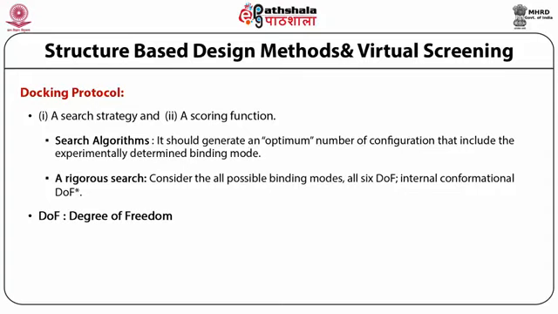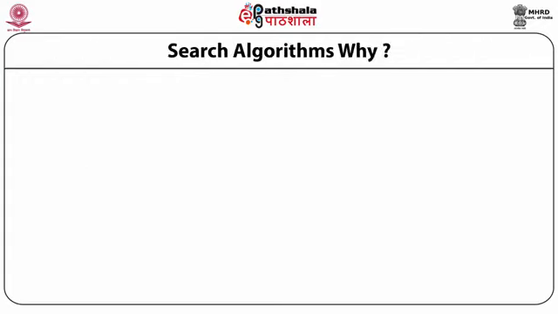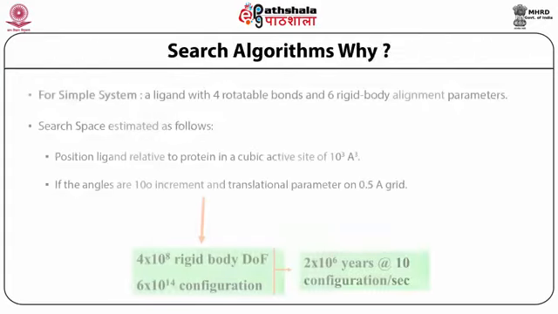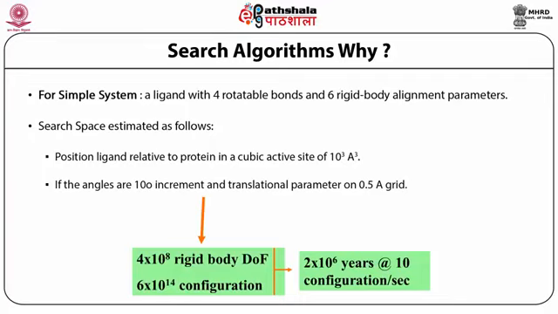That is the next slide. Now, the search algorithm is the most difficult part, because for a ligand with 4 rotatable bonds and 6 rigid body alignment parameters, the space can be roughly calculated, with the positioning in a cubic site being 10 to the power 3 if your active site is that size. And if we change the angles by 10 degree increments and the translation parameter by 0.5 Angstrom grid, we land up with rigid body 4 into 10 to the power 8, then 6 into 10 to the power 14 configurations of the molecules.